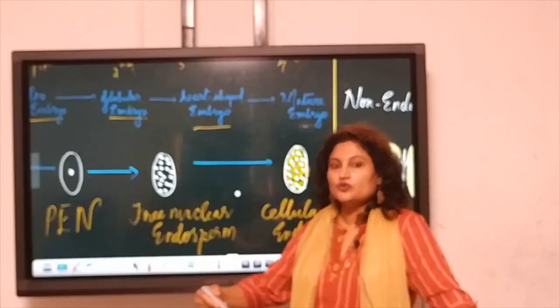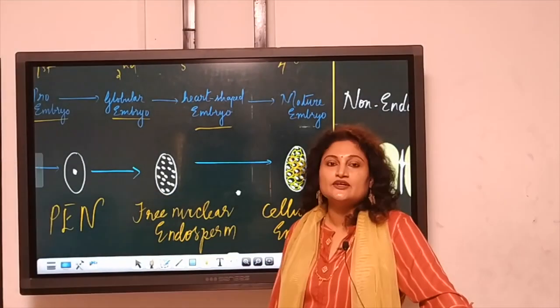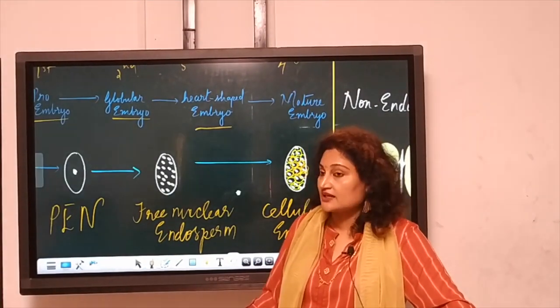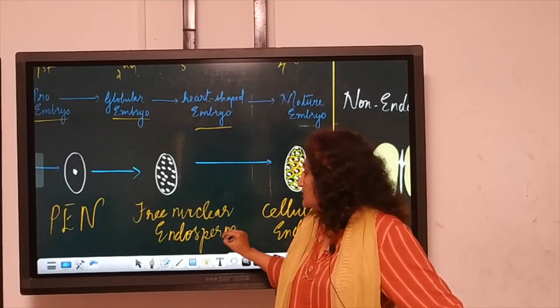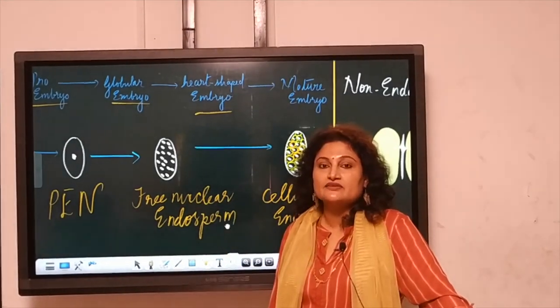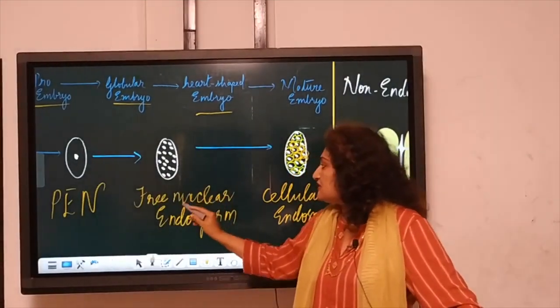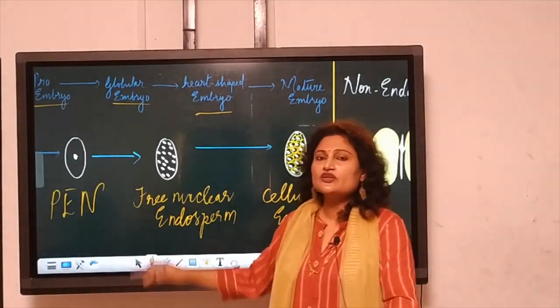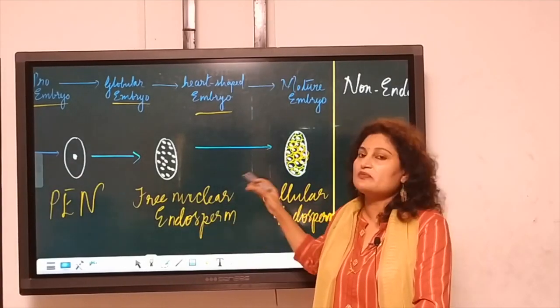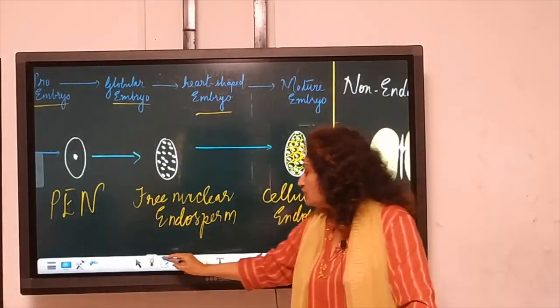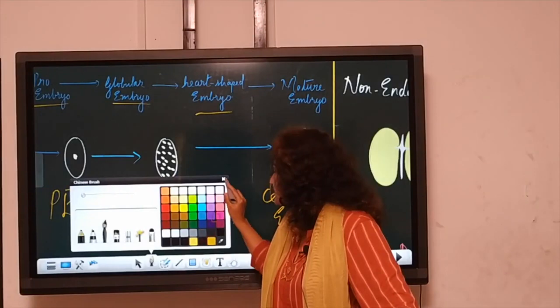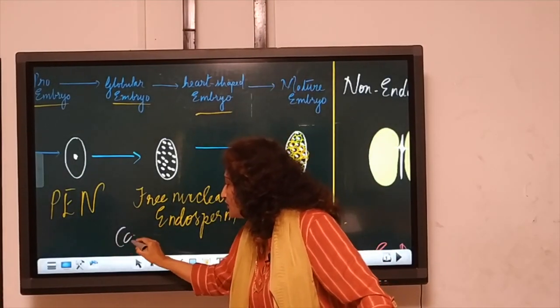Now in the board questions they don't ask directly about endosperm formation. Indirectly it is asked how the free nuclear endosperm and the final endosperm are formed. And this can be seen in coconut. In coconut both the free nuclear endosperm and the cellular endosperm are seen. The free nuclear endosperm is represented by the coconut water.